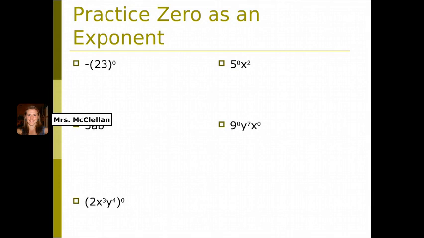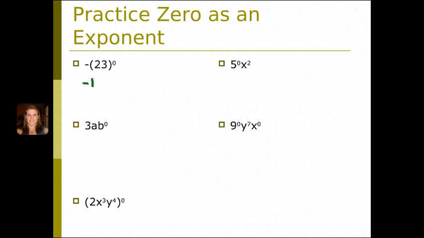All right, so we're going to do a few practice problems with 0 as an exponent. In our first example, notice that the 0 is attached to the base, which is really parentheses. In this problem, you have a negative outside of the parentheses.